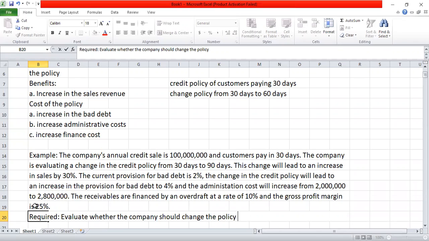The change in credit policy will lead to an increase in the provision for bad debt to 4%, and the administration cost will increase from 2 million to 2.8 million. The receivables are financed by an overdraft at a rate of 10%, and the gross profit margin is 25%. We are required to evaluate whether the company should change the policy.